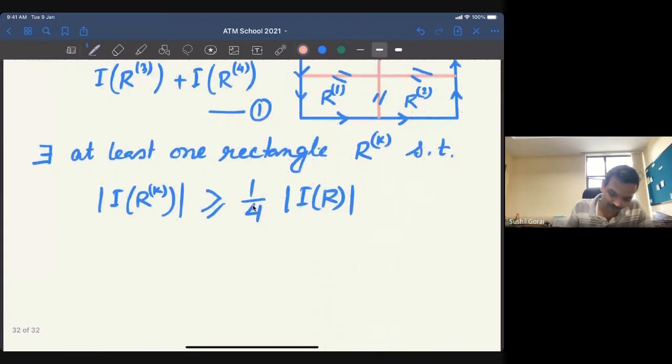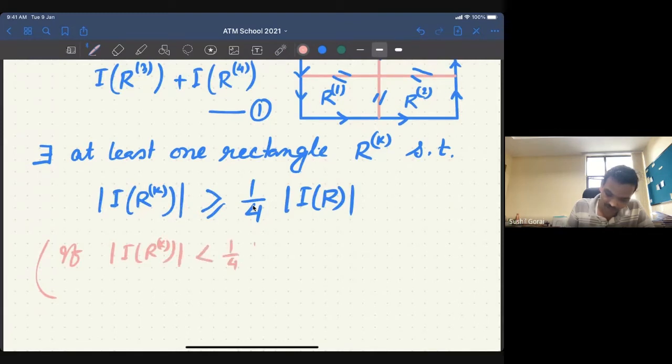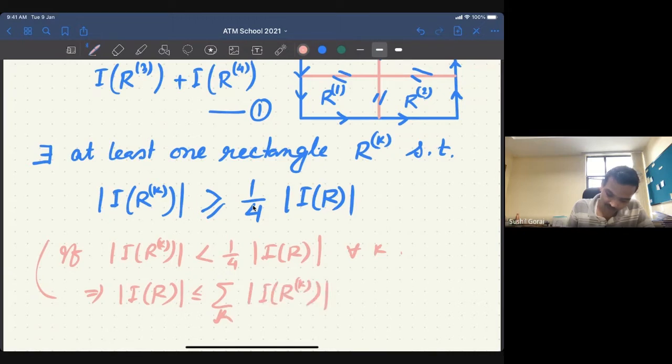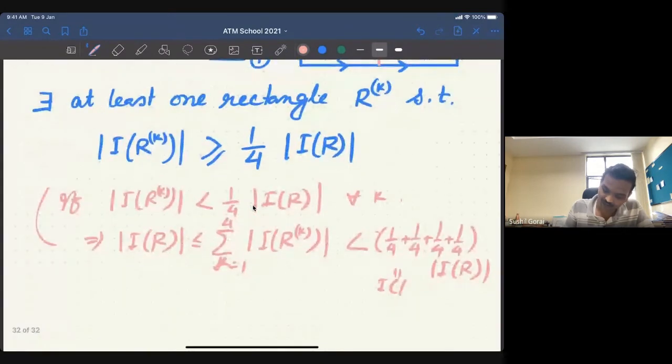So let me give a small argument. If the modulus of I_RK is strictly less than 1/4 of the modulus of I_R for all K, that means the modulus of I_R, which is less than or equal to the summation over K of the modulus of I_RK, is strictly less than 1/4 plus 1/4 plus 1/4 plus 1/4 times the modulus of I_R, which is nothing but the modulus of I_R, and this gives you the contradiction.